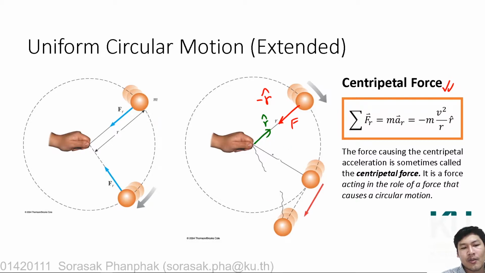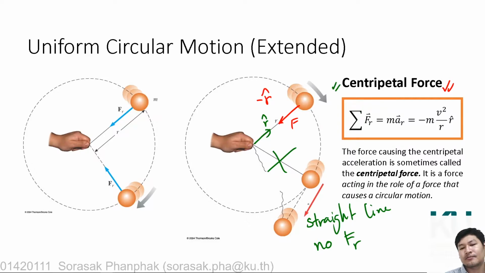So what happens when the string tension is broken? It's no longer moving in a circular motion. Now it's going to move in a straight line, because there is no pulling force or centripetal force.